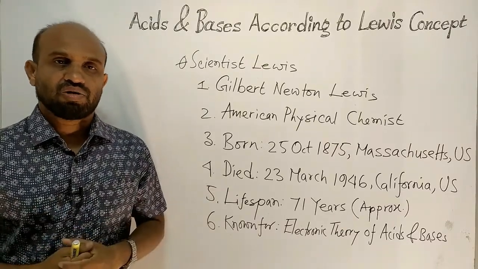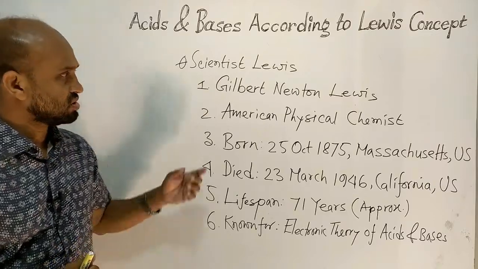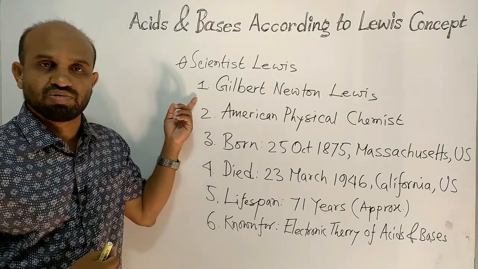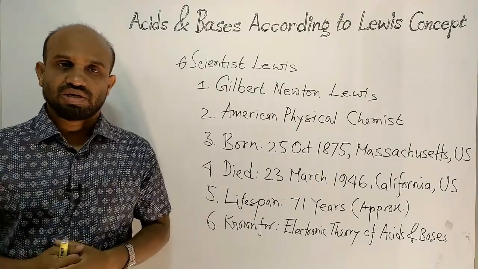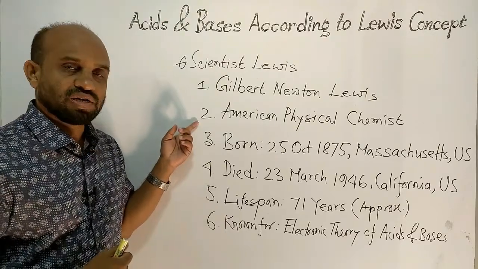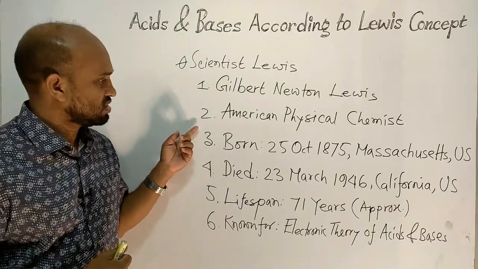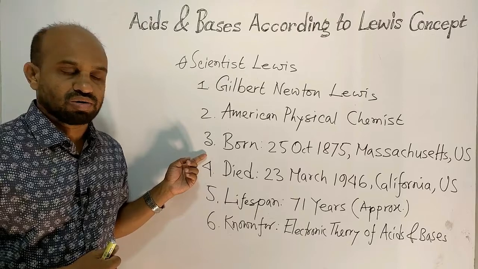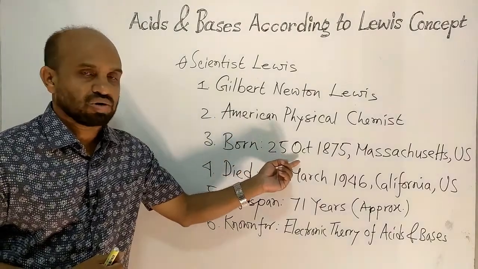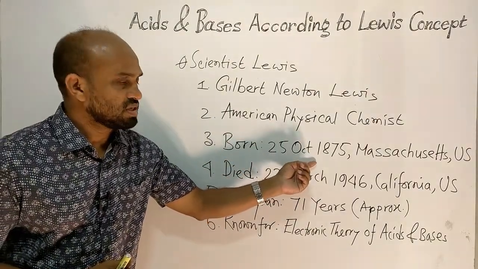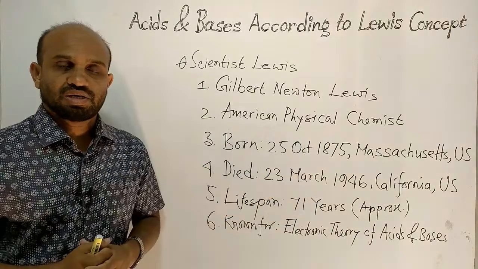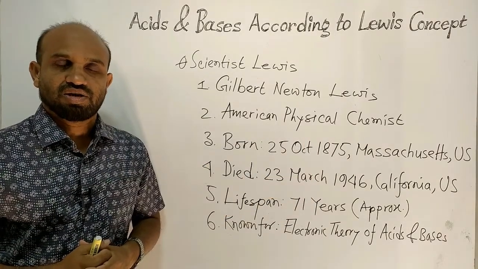The full name of scientist Lewis was Gilbert Newton Lewis. He was an American physical chemist. He was born on 25th October in 1875 in Massachusetts of USA.